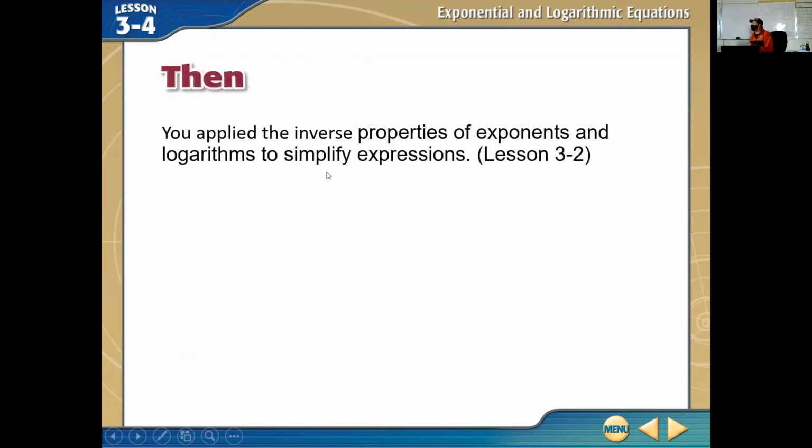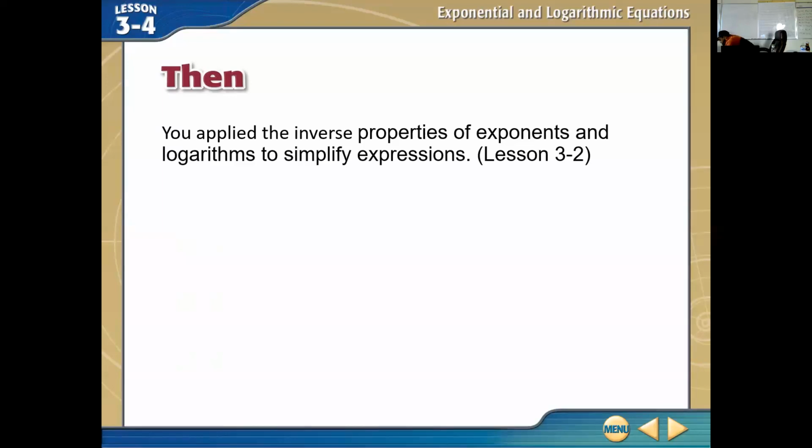All right, so we applied inverse properties of exponents and logarithms to simplify expressions. That was section 3.2. And a couple of the properties that I want to write up, just so you're aware of them again.